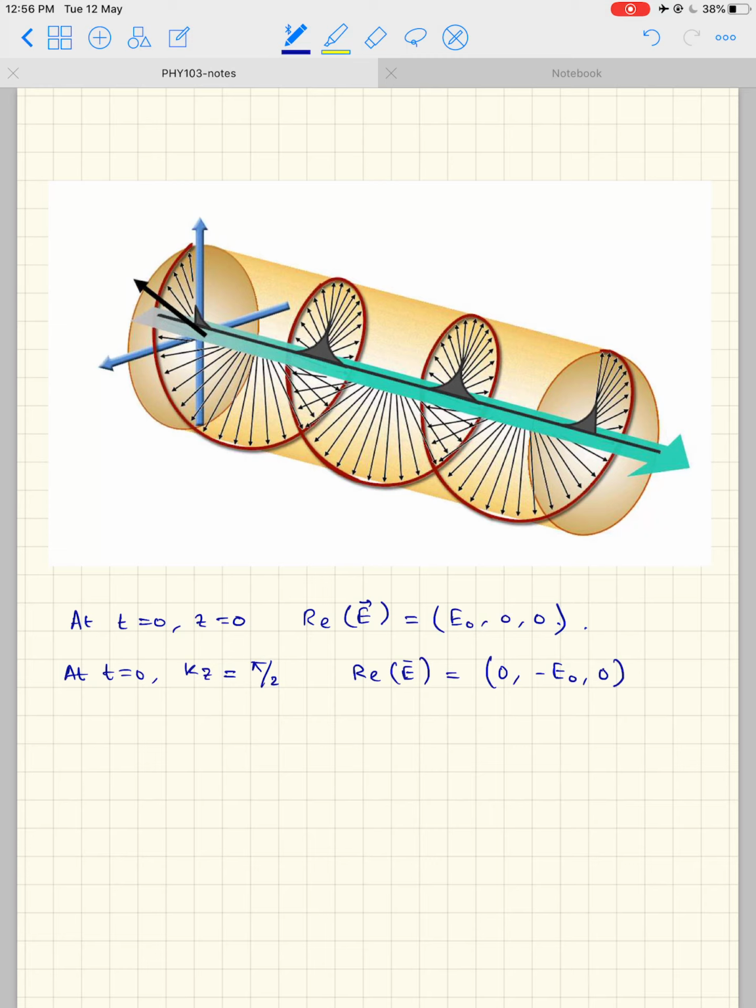So as we move along z, the polarization rotates clockwise in the yz plane.